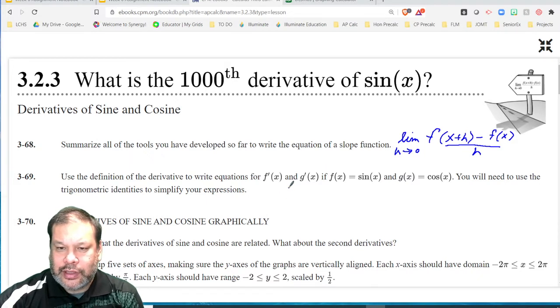So f of x is going to be sine right here.